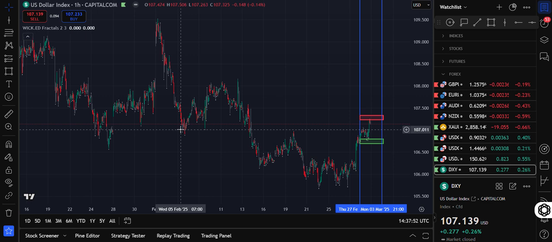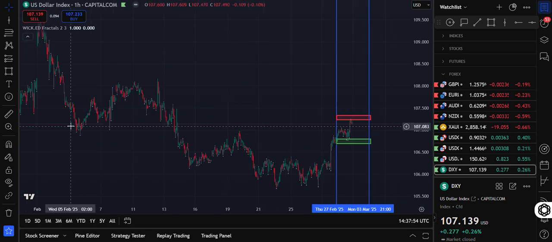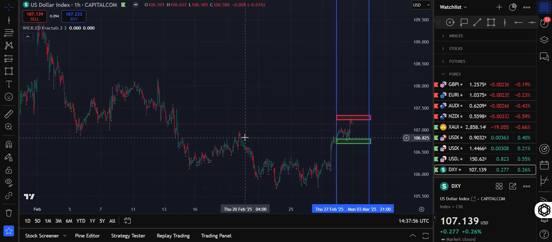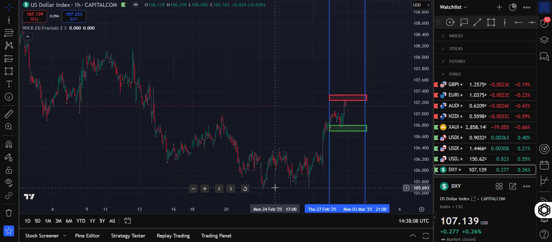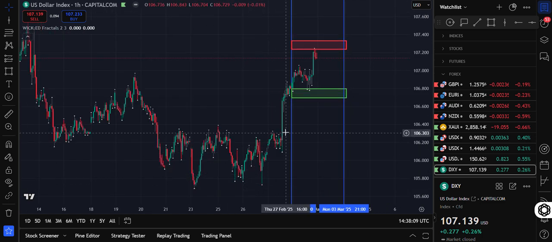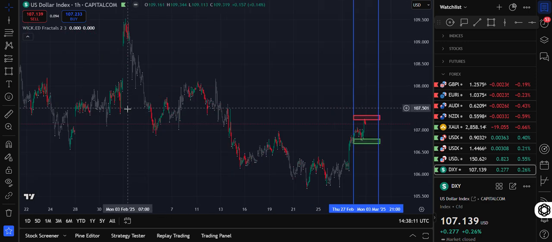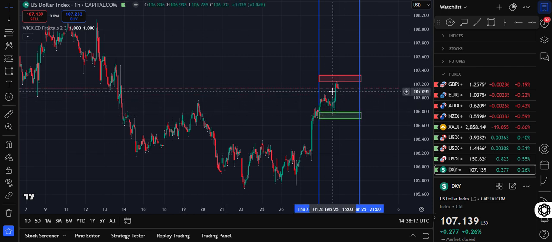Now as you can see here, this is where we had the resistance becomes support at this 107 area, pushed all the way down here to 105.65, where we found our support again, and this was at the end of February, so last week, and then we've been bullish all the way to here, crossed that point here, support become resistance, pretty much use it as support now again, and now we're pushing up.